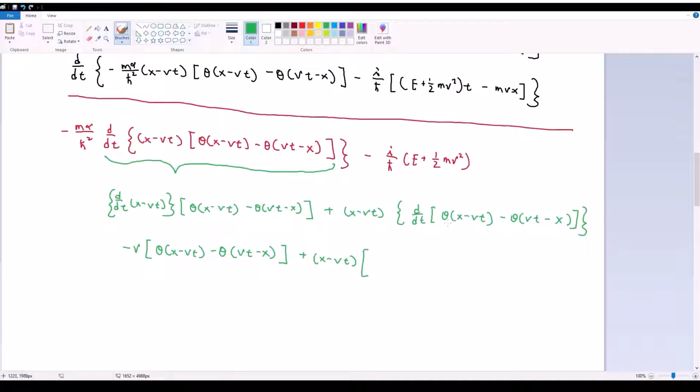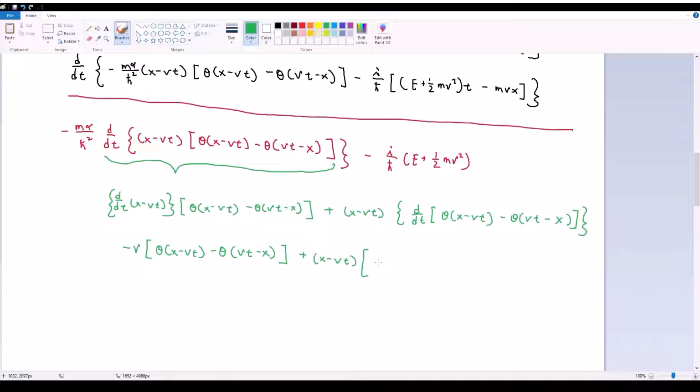So the derivative of any step function is always going to give a Dirac delta, but because of the function that's ingrained within this step function, we have to use product rule again and differentiate the interior with respect to time and attach it as a multiplication factor at the front. So d by dt of x minus vt is just negative v.